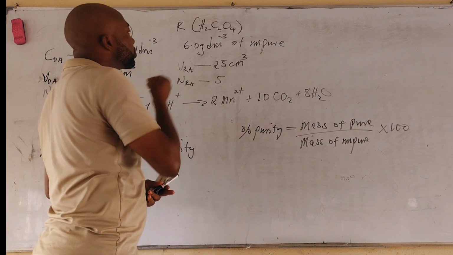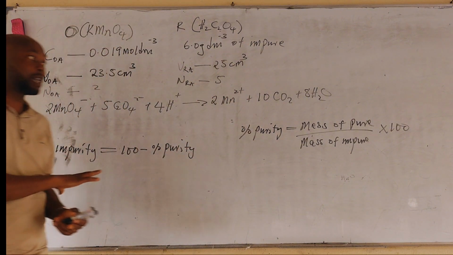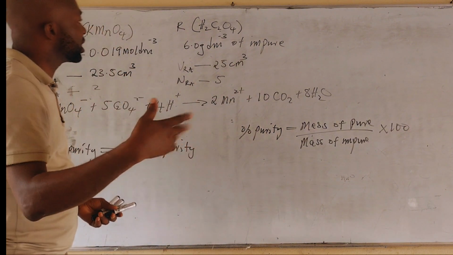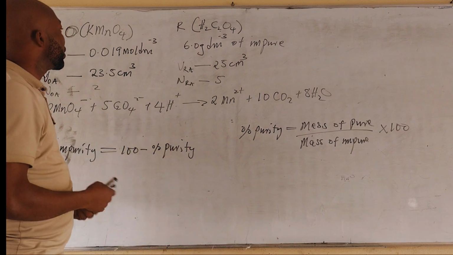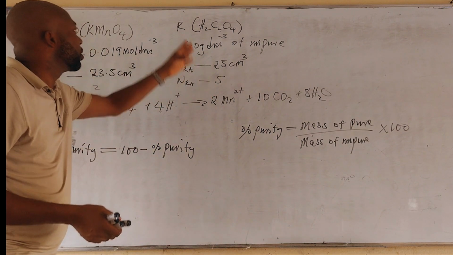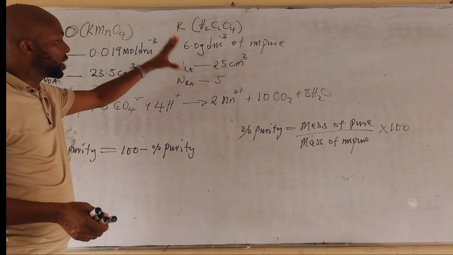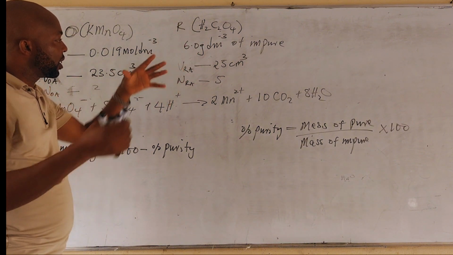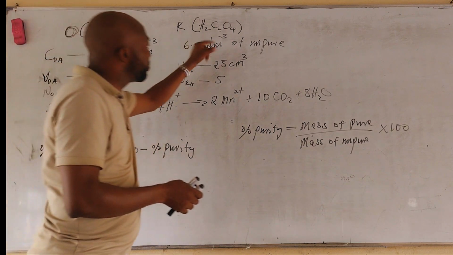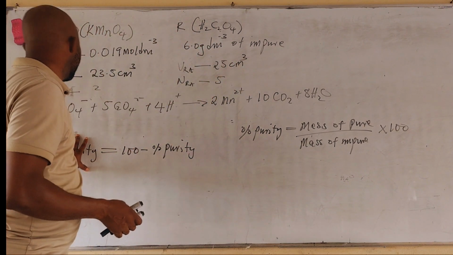For us to do that, we use our formula, mass concentration, which is g/dm³. That's the mass concentration equals molar concentration times relative molecular mass. So we must know the molar concentration of the ethanedioic acid. We know the relative molecular mass to be 90 if we have to calculate that. By that we get our mass concentration of the pure, before we can apply it in this formula.